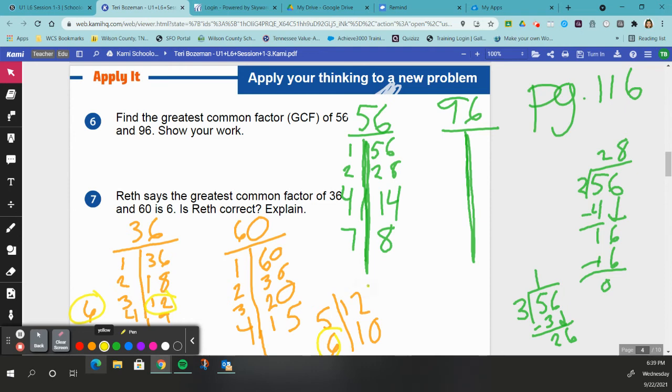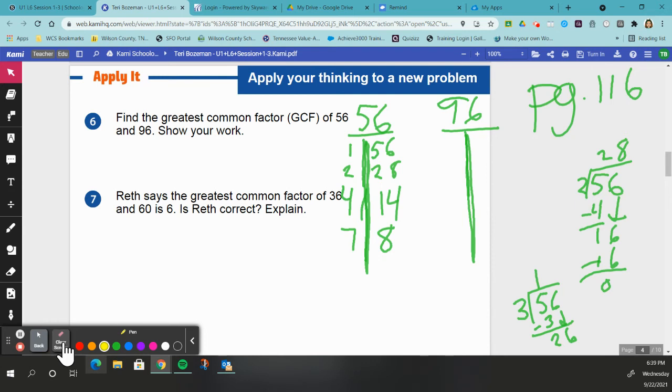Well, I see 12 here, and I see 12 here. So he or she was not correct. 6 is not the greatest common factor. 12 would be the greatest common factor. So that is one way to work that problem. So when you're finding greatest common factor, you can actually list out your factors.